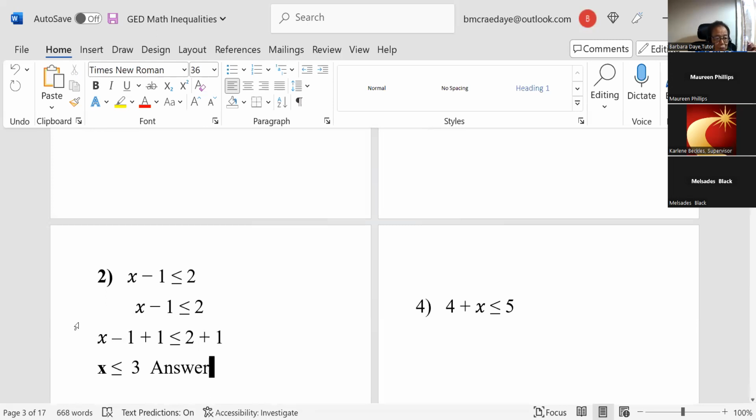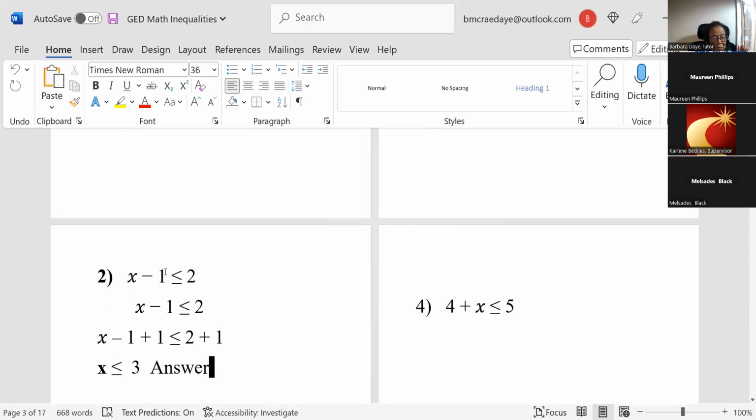Now, if you put a 3, 3 minus 1 is 2. That would be an equal, right? You say less than or equal. If you put a 2, 2 minus 1 is 1, and that's less than. So you can test it, right? You said x less than or equal to 3.